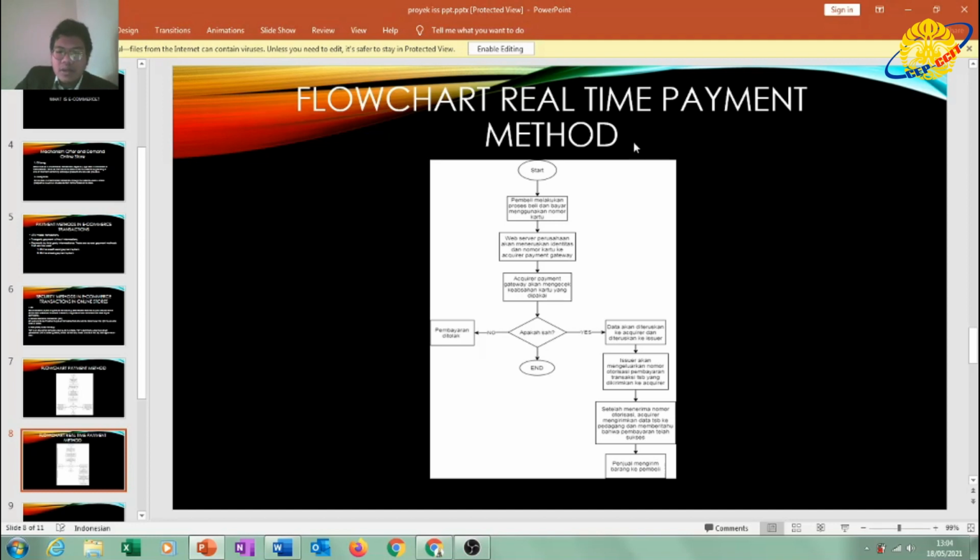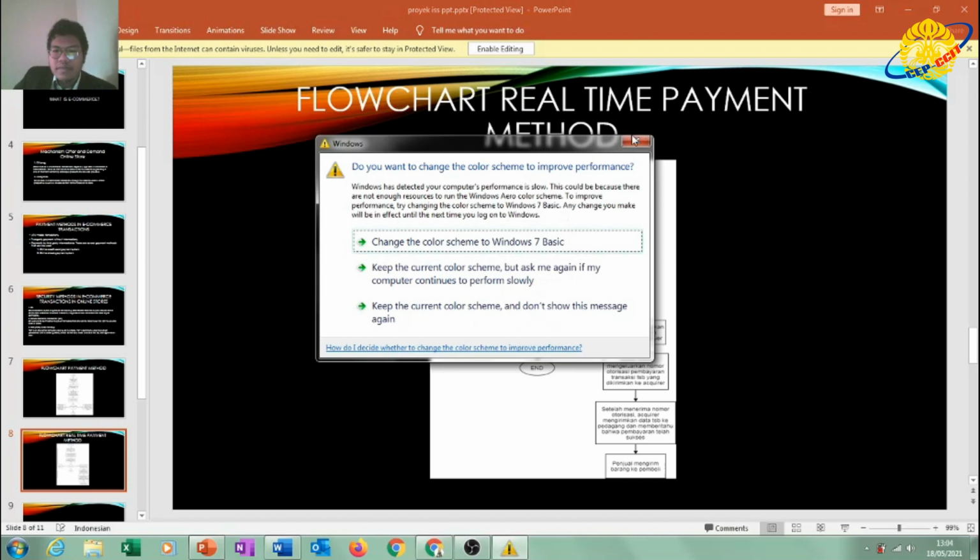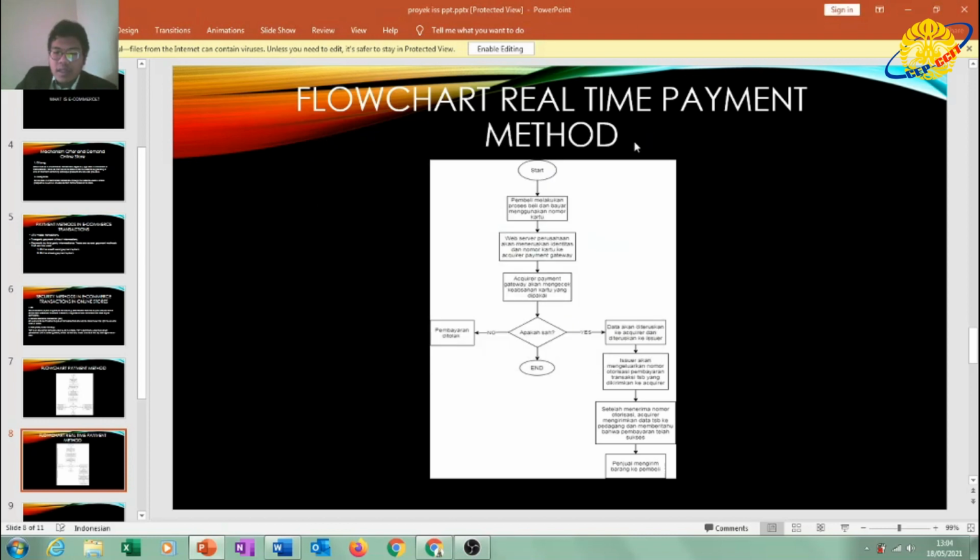If it can be used, the data will be forwarded to the acquirer, and then to the issuer, and the issuer will give an authorization number for the payment transaction, which is sent to the acquirer.